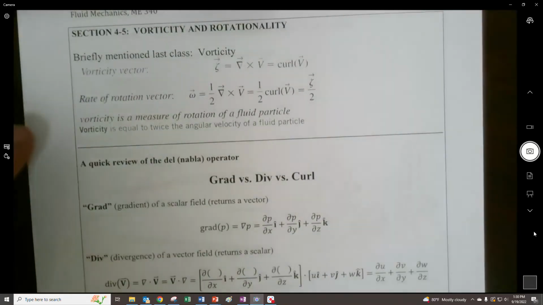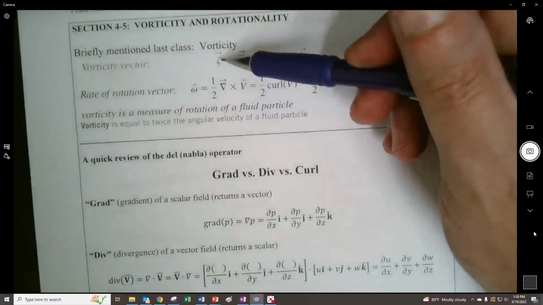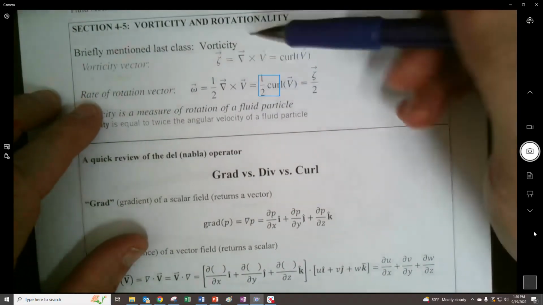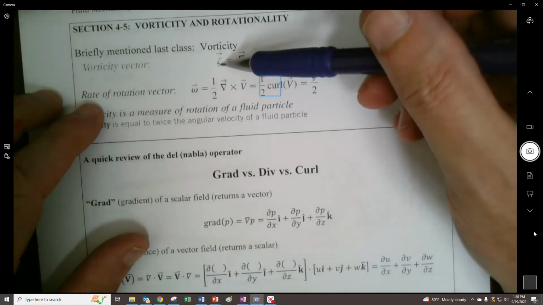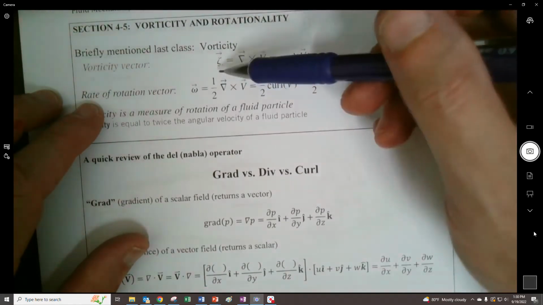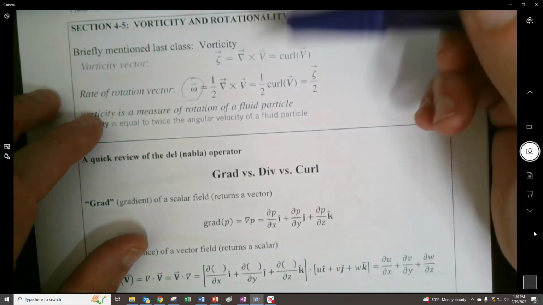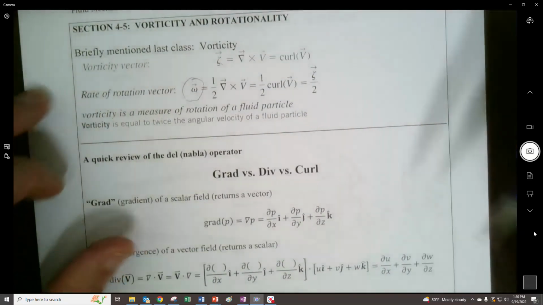And as we'll see, this guy right here, zeta, is what we consider the vorticity. As a practical real world thing, if you want to find the angular velocity, it turns out to just be 1/2 of that vorticity.